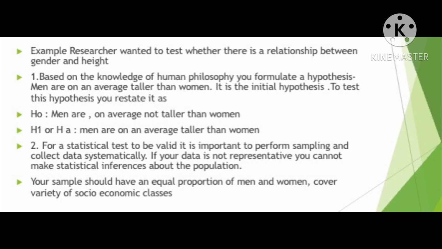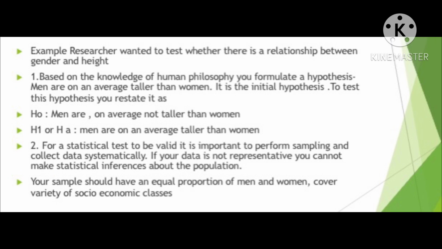To test this hypothesis, we restate it as a null hypothesis and an alternative hypothesis. What is the null hypothesis in this example? Men are on an average not taller than women, because the null hypothesis we always state in the negative form. Then what is the alternative hypothesis here? Men are on an average taller than women.